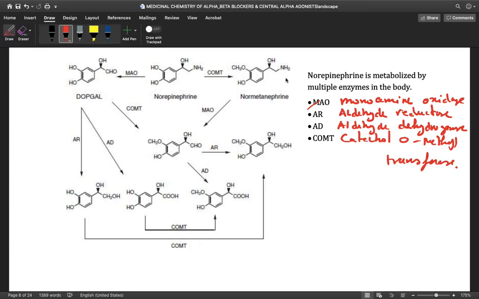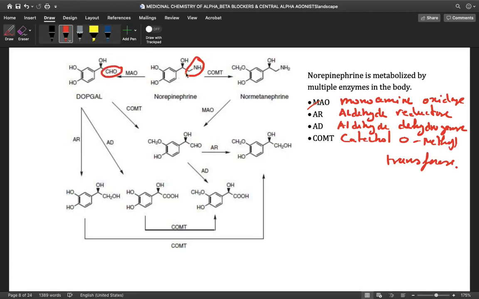So let's look at monoamine oxidase. Let me pick one of the reactions that it does, for instance this right here, catalyzed by monoamine oxidase. You basically convert this amine to an aldehyde.